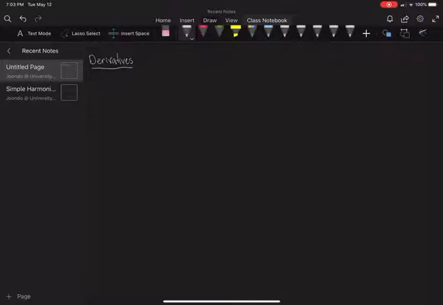So, what is a derivative? Well, a derivative can be thought of as a rate of change for starters.